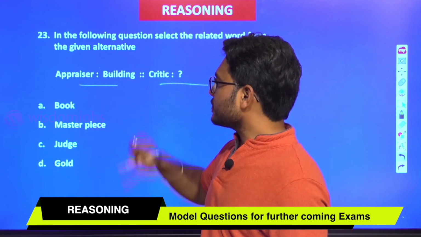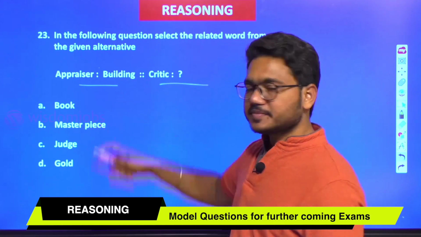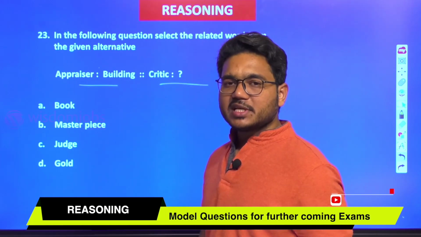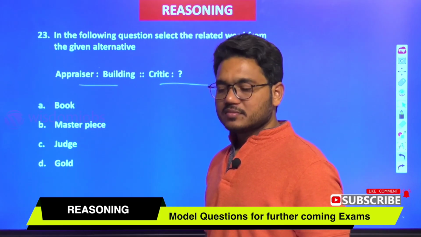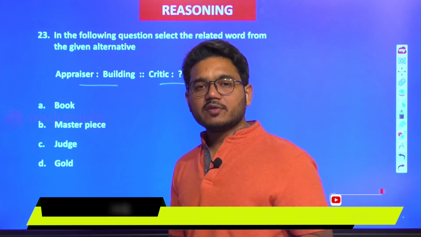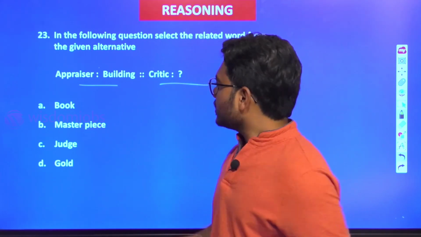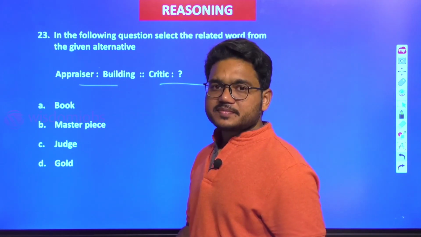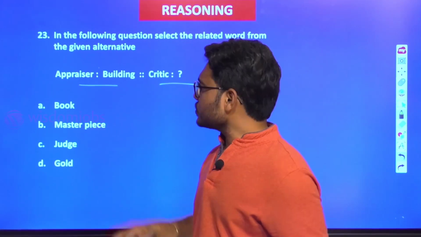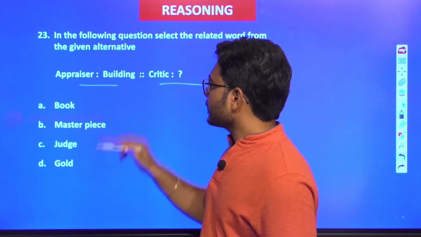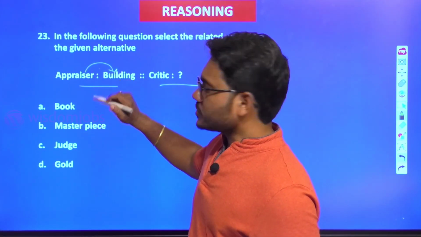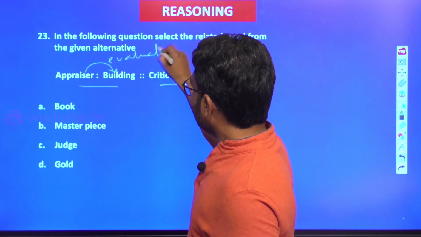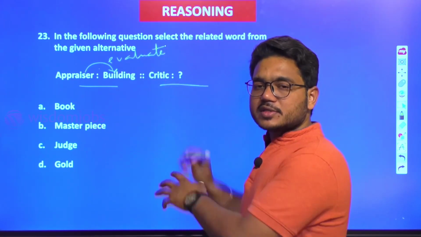Appraiser is to building as critic is to what? You know the basic meaning of appraiser: whenever you need to evaluate the value of a building, its costs and all those things, we need the help of an appraiser. Appraiser's job is to evaluate the building.